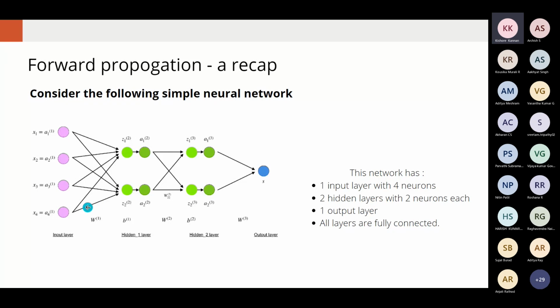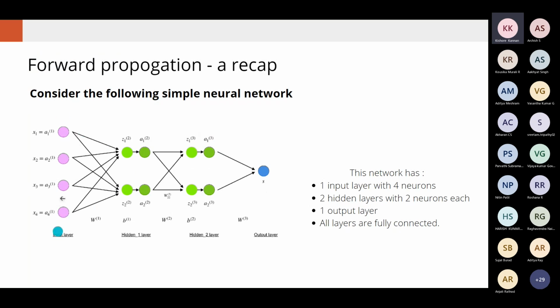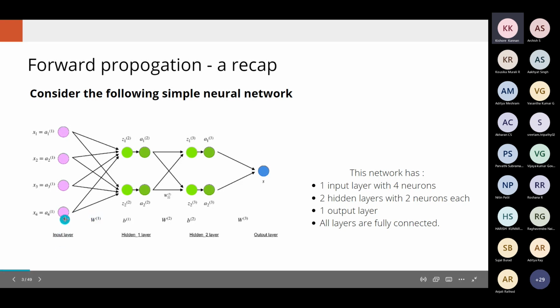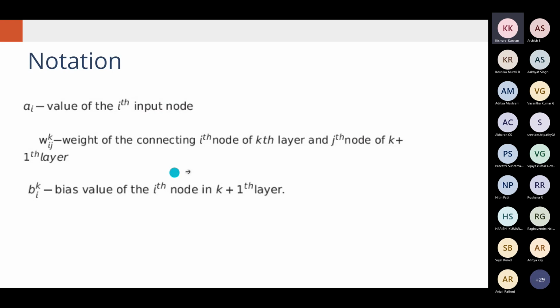Suppose this is the kth layer, so k will be 1 here, k will be 2 for this one, 3 for this one, and 4 for this one. This weight is represented as W with the superscript 1, connecting the 4th node of the first layer and the 2nd node of the 2nd layer. So that will be W with superscript 1 and subscript 4 2, the values of i and j respectively.